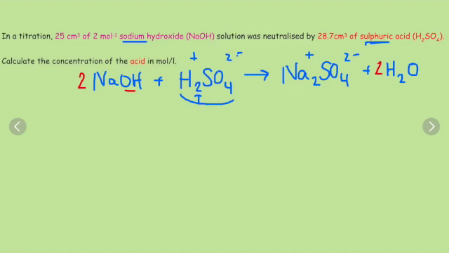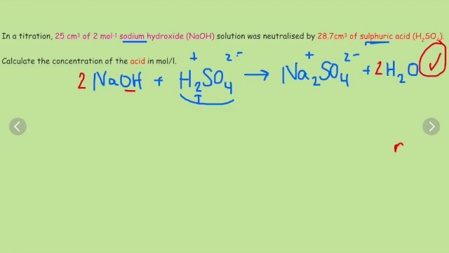And now we have 4 hydrogens, 2 from the sodium hydroxide, 2 from the sulfuric acid, and 4 hydrogens in the water. So now this equation is balanced. I do it like that because I do it in my head, but if you're not sure, then please write the elements below the arrow and balance them out as we did in class. So this equation is balanced.